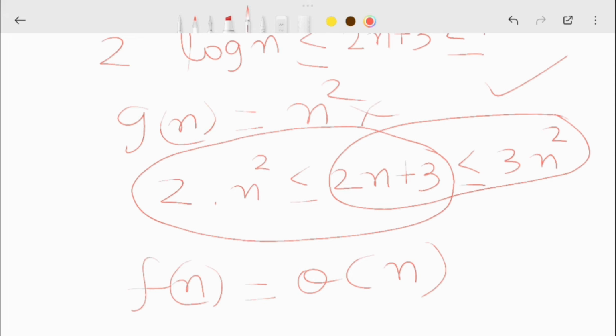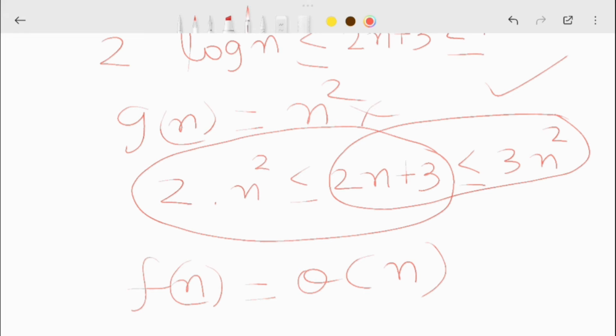But in upper bound, big O, we can say the function f of n can be represented as big O of n. It also can be represented as big O of n square, but it cannot be represented as big O of log n.